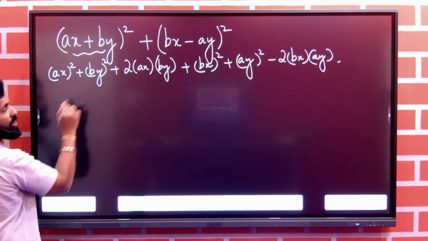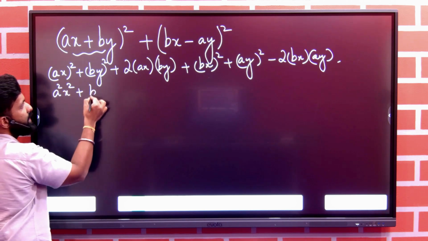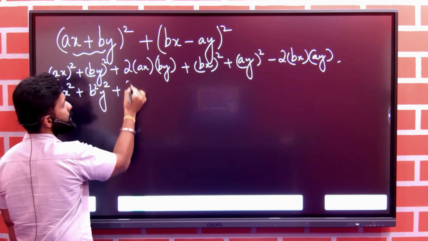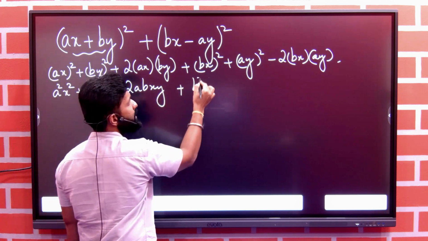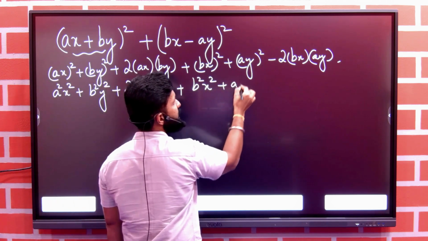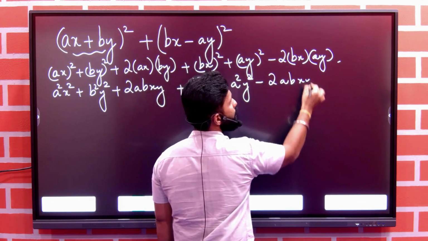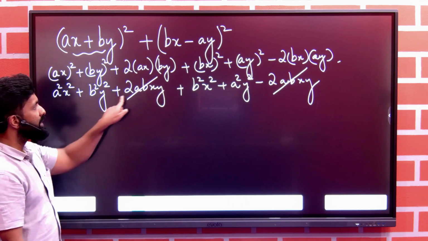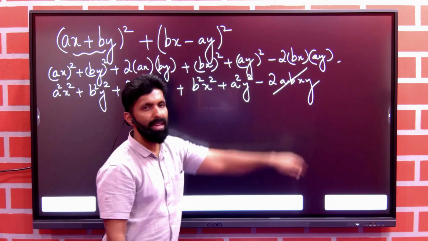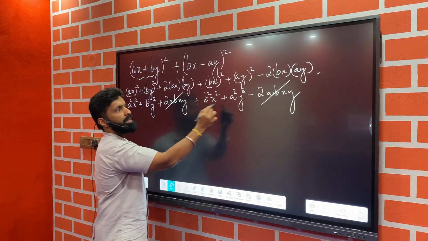Now, let's actually write this properly. So a square x square plus b square y square plus 2abxy plus b square x square plus a square y square minus 2abxy. Can you see that this is getting cancelled? Plus 2abxy minus 2abxy is getting cancelled, right? So I'm only left with these terms and these terms.